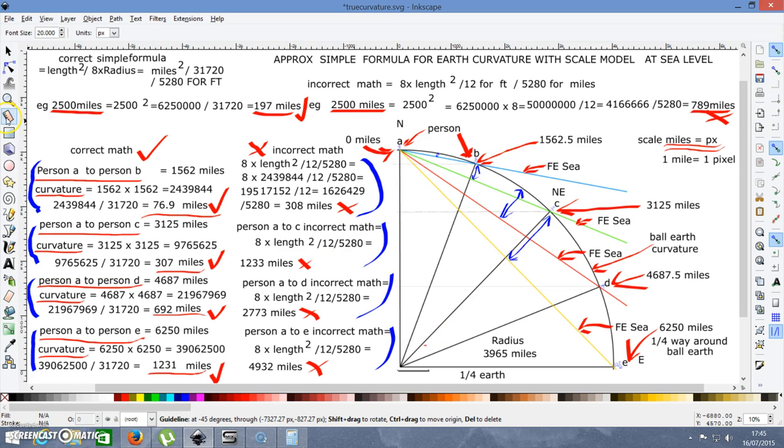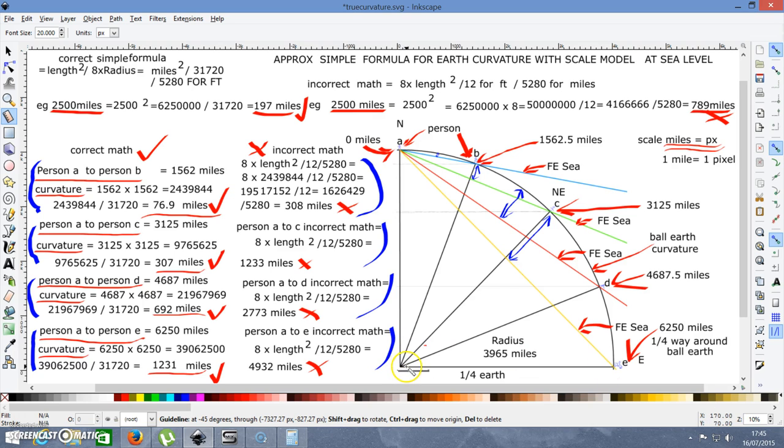This is a measurement tool I've got here, which is in pixels, as you can see up here. So we'll measure from here to here, and you can see it says 3,960 pixels, or 3,960 miles.